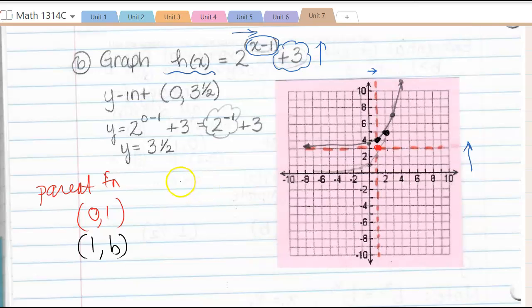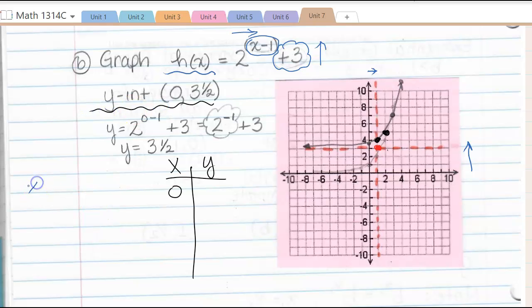We can always plug in x is equal to 0 and find the y-intercept. Let's do that so that you can see where I got this number from. If x is equal to 0, we're going to have 2 to the 0 minus 1, and then plus 3. You can see my work right here. So this becomes 2 to the negative 1 plus 3.